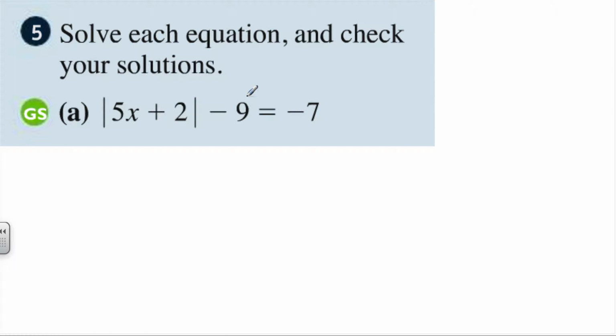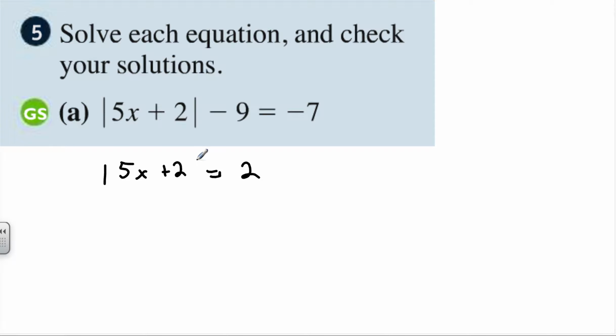So we want to solve and check. So with something like this, we want to isolate the absolute value first. Get the absolute value by itself. Okay. So I'm going to add 9 to both sides. You get absolute value of 5x plus 2 equals 2.